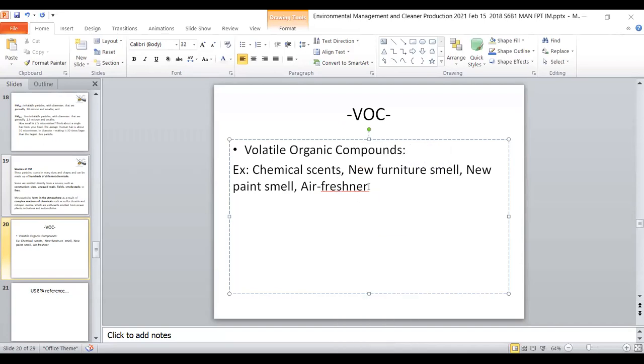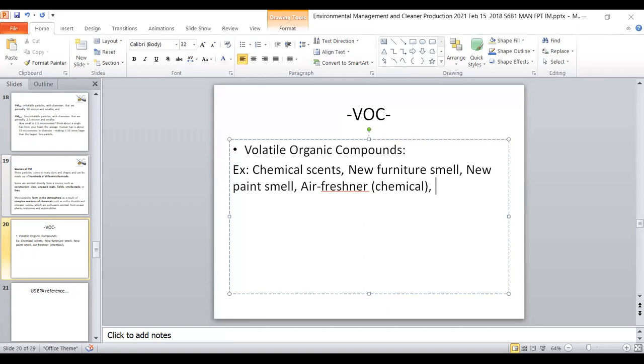You feel the smell because volatile means it can evaporate easily. So at normal atmospheric conditions, these are evaporating once exposed. So these are volatile organic compounds.